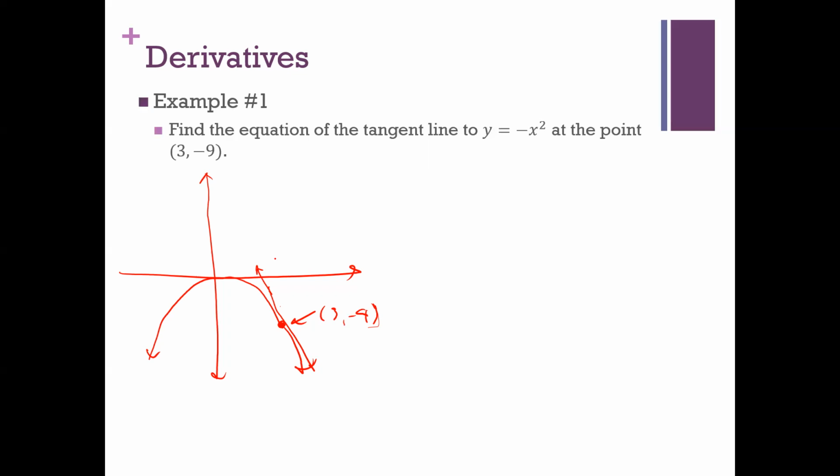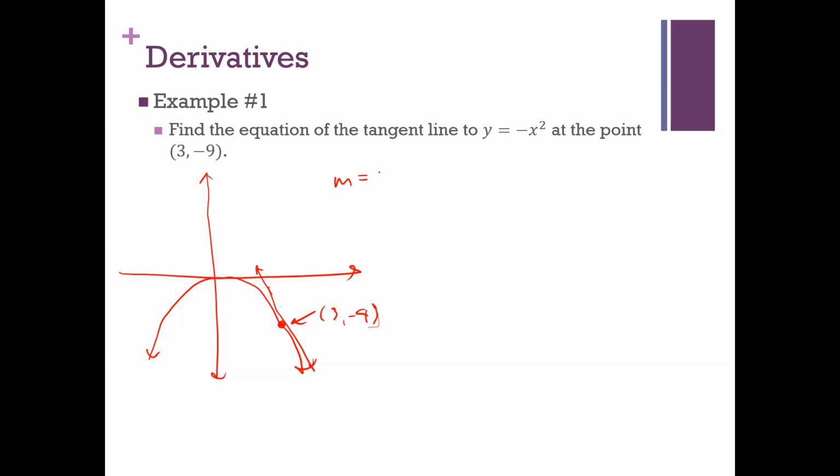So I want to find the equation of the tangent line. If you want to find the equation of any line, you need some data. You need an x and a y location, which I've given you. I also need a slope or a y-intercept. Since we're talking about derivatives, we have a method to get to that slope.